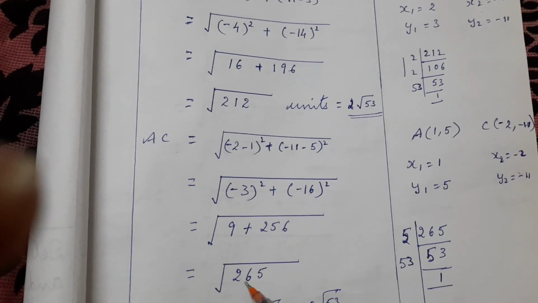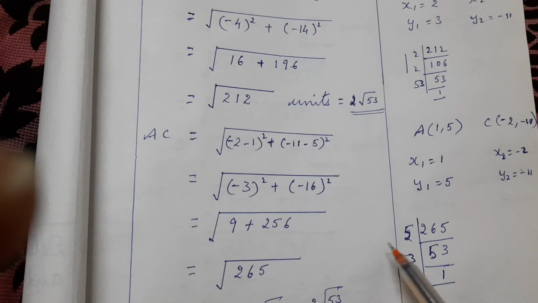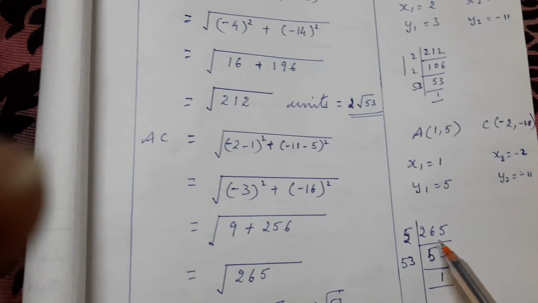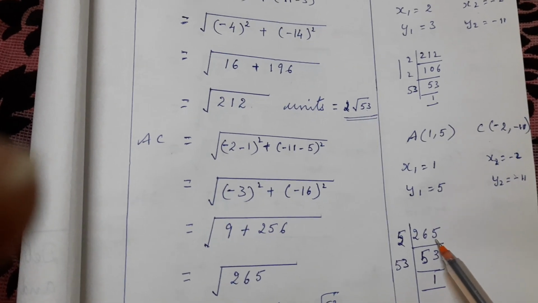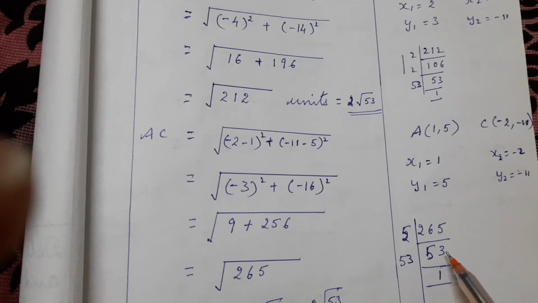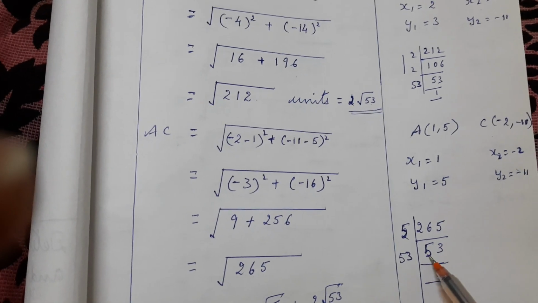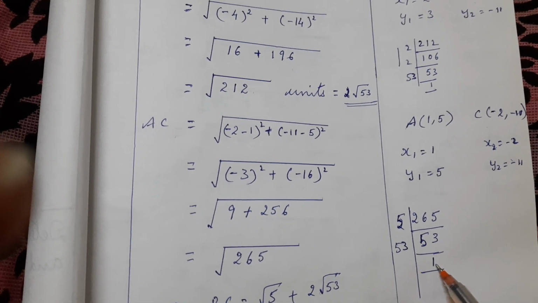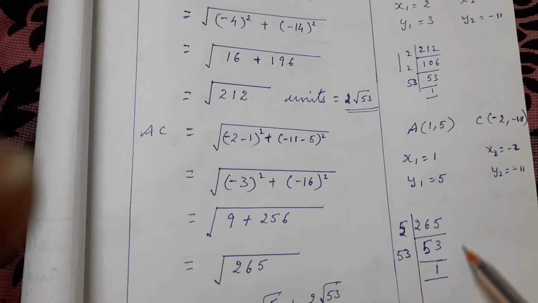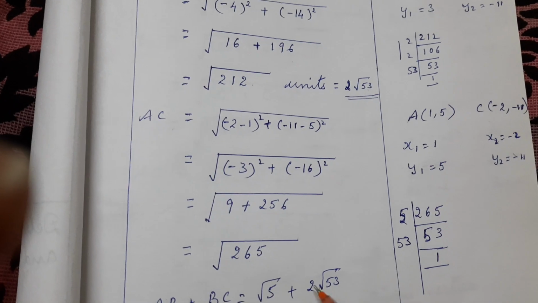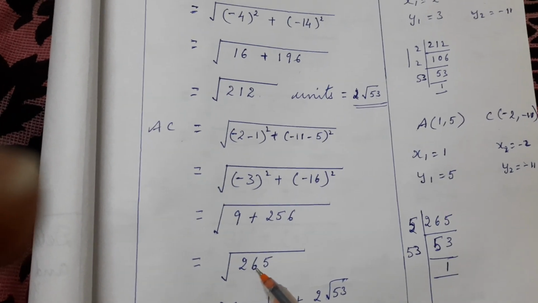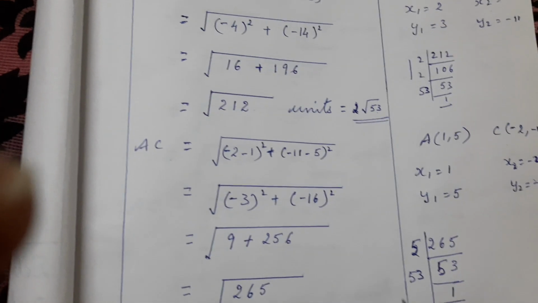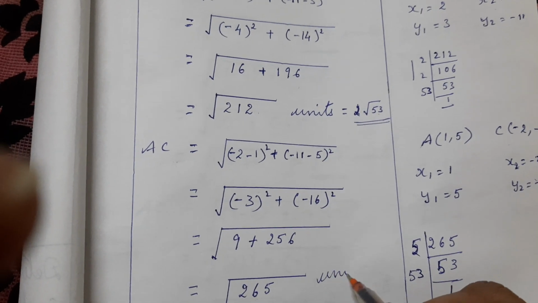So when I add it, I get root of 265. 265, if I find the square root, 5 is the last number, so it is divisible by 5. 5 5s are 25, 3 5s are 15. Again 53 is a prime number, so 53 divided by 53 is 1. So we can't get any pair here. So we are just writing root 265 as it is. I can write root 265 units.